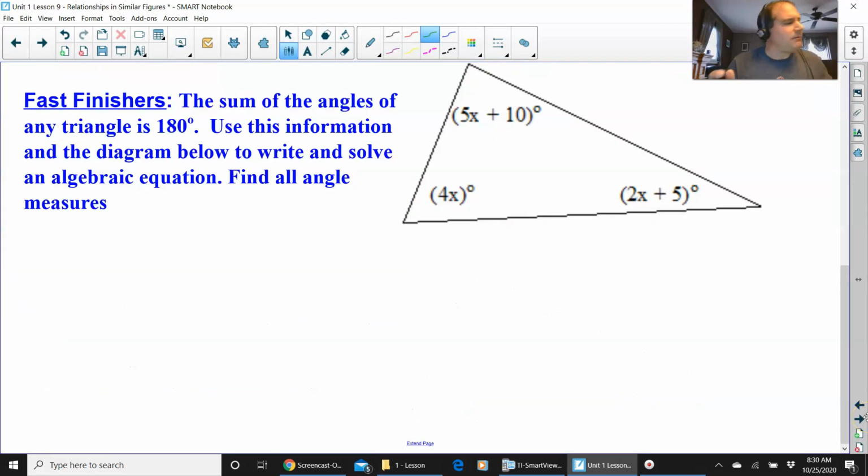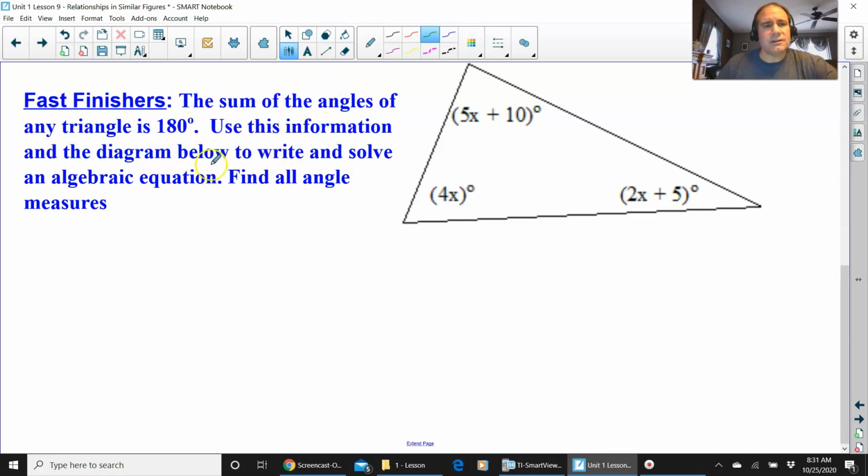The fast finishers, try to do the fast finishers. They are more difficult questions, but you might as well do them. I'm going to do this one with you. Just think about this: the interior angles of any triangle are 180 degrees.